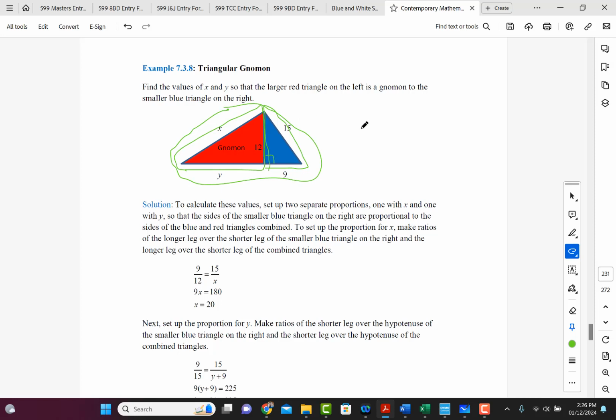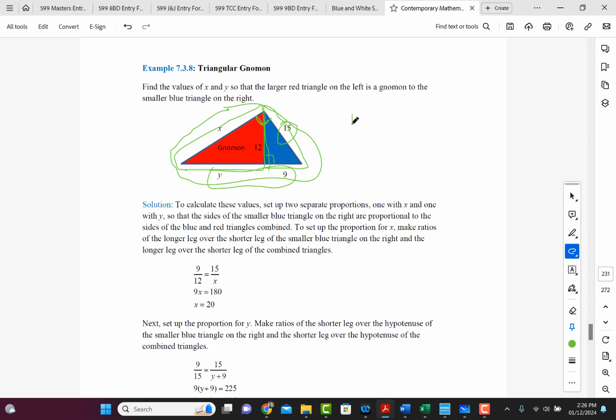Now the bigger red and blue triangle is the one that we want to compare with the smaller blue triangle. So if we look at corresponding sides, the hypotenuse of the blue triangle, 15, corresponds to the hypotenuse of the larger triangle, opposite the right angle, which is y plus 9.